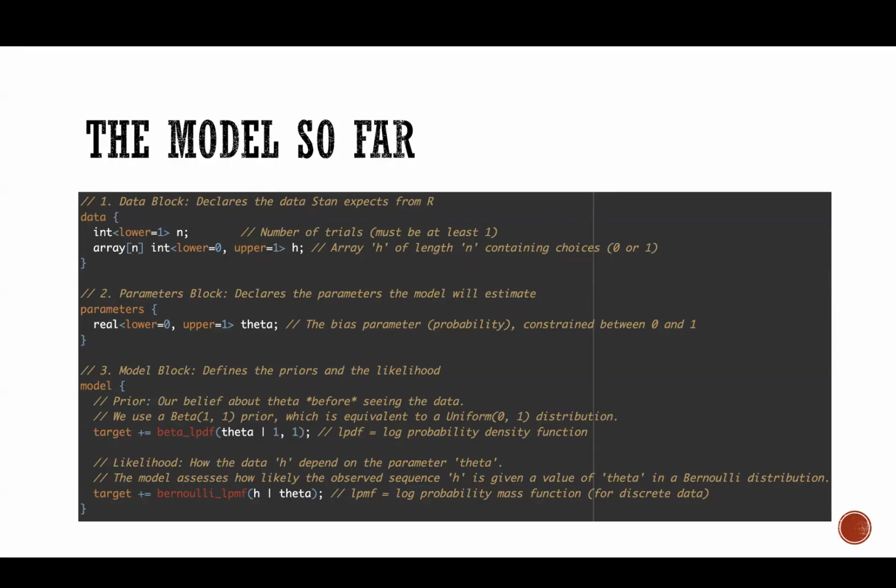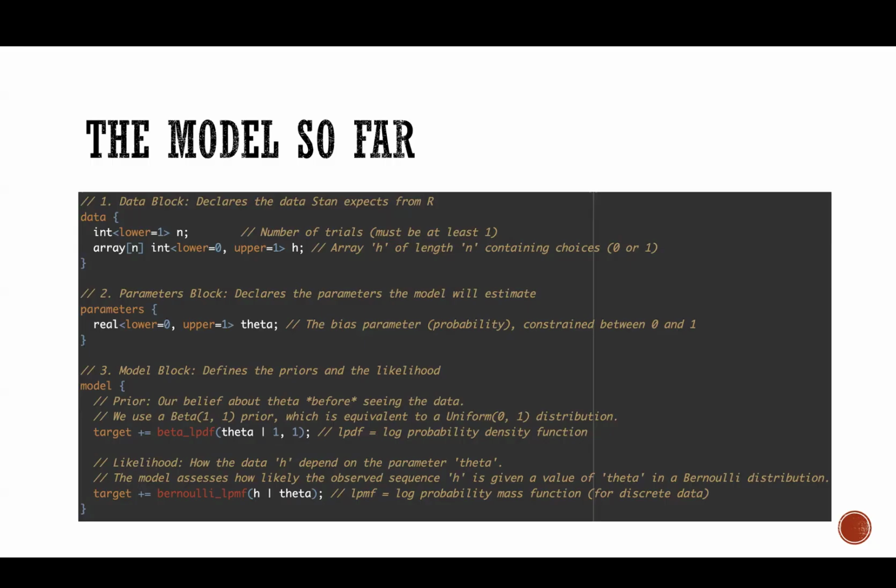We have a data block with the number of trials, with the vector of choices that the agent is doing. And this is stuff that we're feeding to the model. We are trying to specify the nature and boundaries of the variables as much as possible, right? Integer lower 1 for n, because if our experiment has fewer than 1 trials, then there's a problem, right?